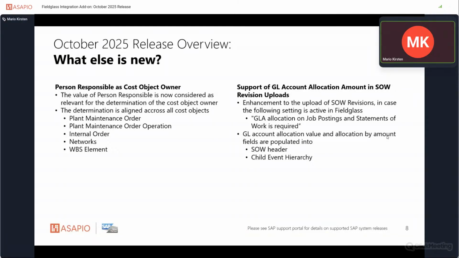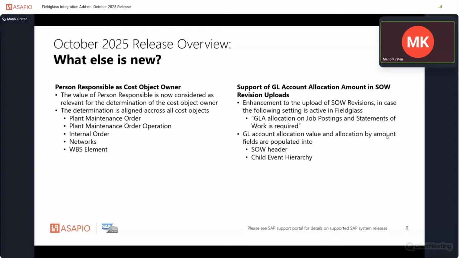We have an update on which cost object owner is sent to the Fieldglass cost object for PM order operation, internal order, network, as well as WBS elements. We extended the functionality to look at a second person responsible field that is available on those objects in the ERP system.